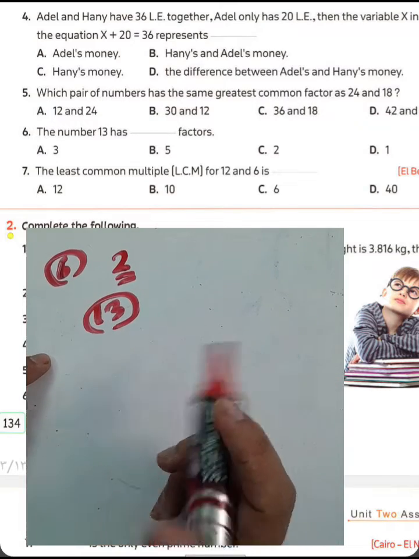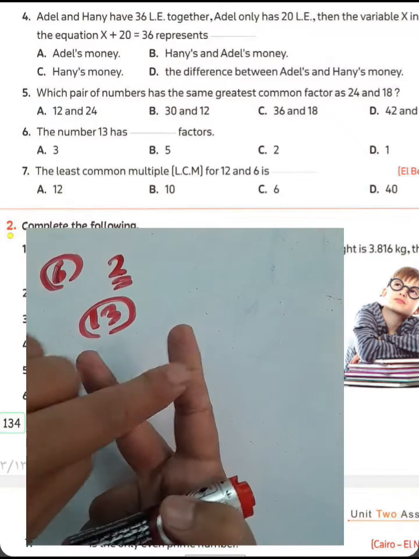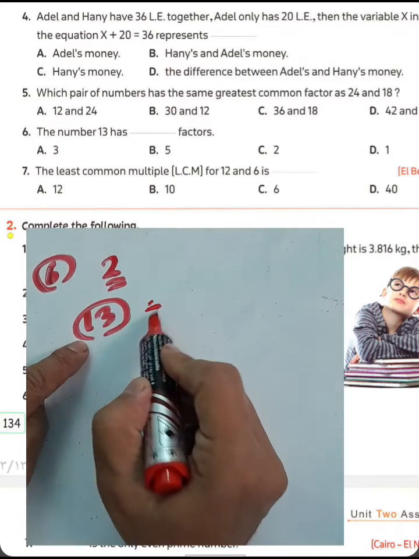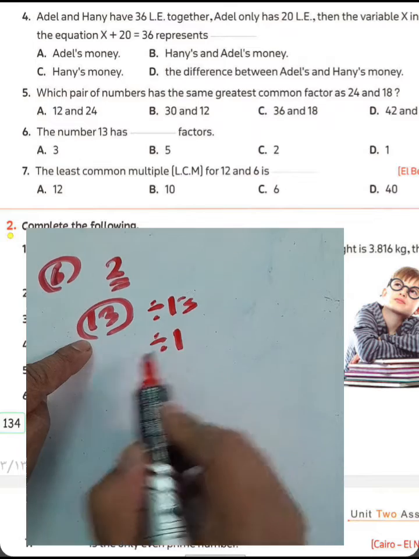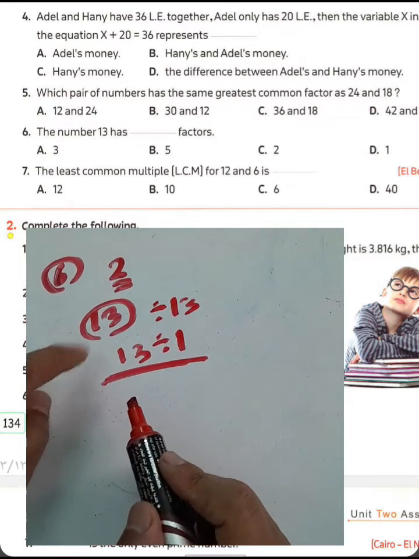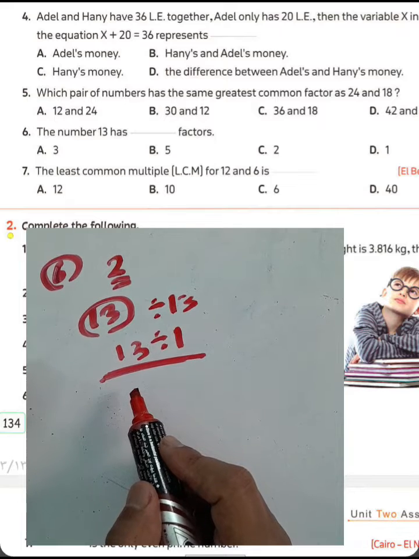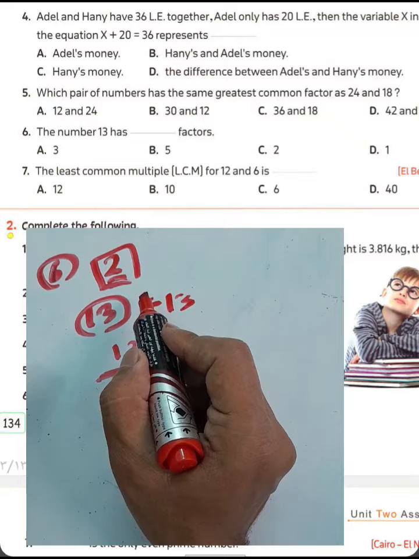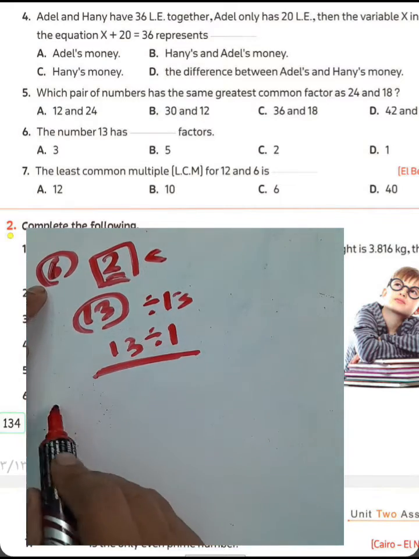Such as 13, because 13 can be divided by itself and by 1. So 13 is a prime number. The 13 has two factors. Choose letter C for question 6.